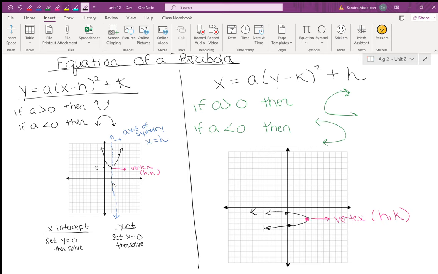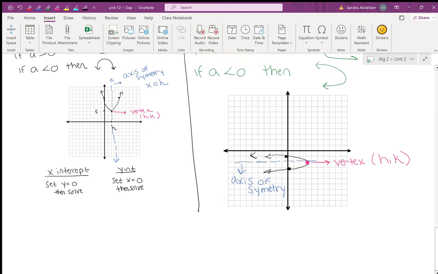Okay. What is this line? The axis of symmetry. Now this axis of symmetry, is it a vertical line or a horizontal line? Horizontal. So is it x equals or y equals?